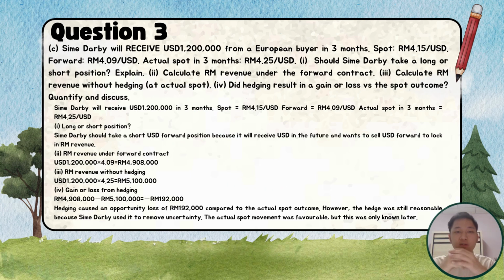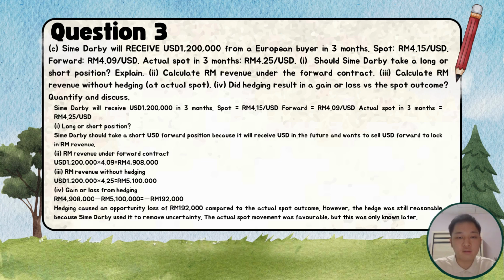3C, SimW will receive US dollar 1,200,000 in 3 months. Since the company will receive US dollar, it faces the risk that the US dollar may depreciate before the payment is received. To hedge the risk, SimW should take a short US dollar forward position. This means the company agreed to sell US dollar in the future at the forward rate.